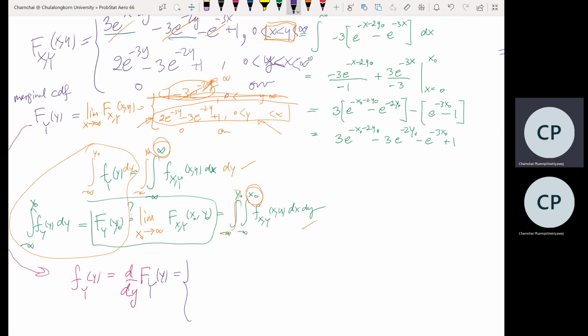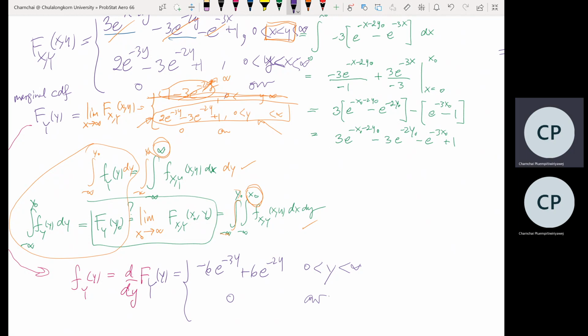Okay, so if you take the derivative, we get -6 e to the -3y plus 6e to the negative 2y, for y more than 0, less than infinity, and equal to 0 otherwise.